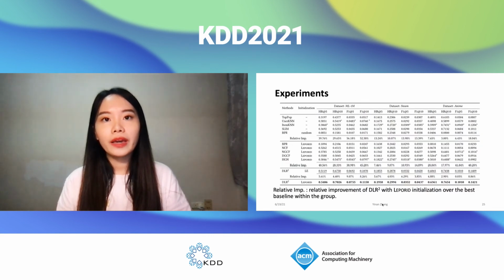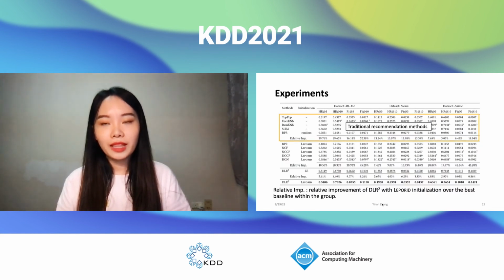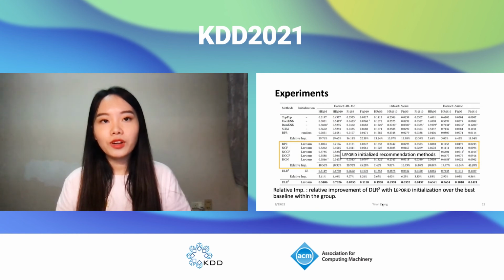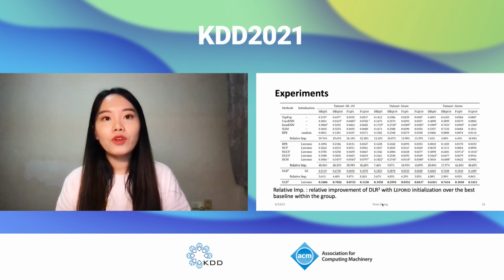We also compare traditional recommendation methods, Laprid-initialized recommendation methods, and the DLR² method with LE and the Laprid initialization. Relative improvement indicates the relative improvement of DLR² with Laprid initialization over the best baseline within the group.